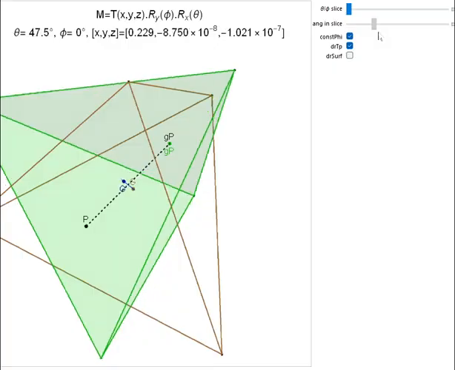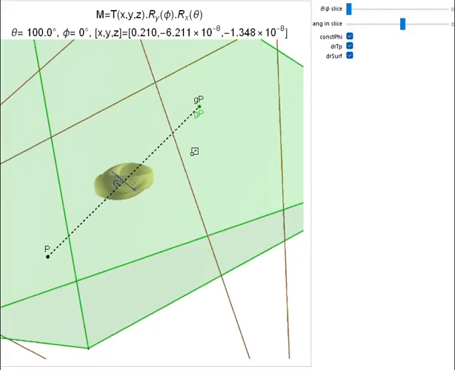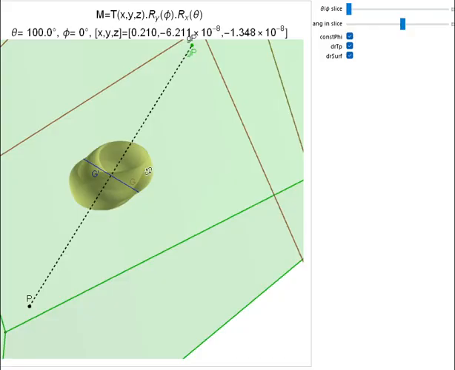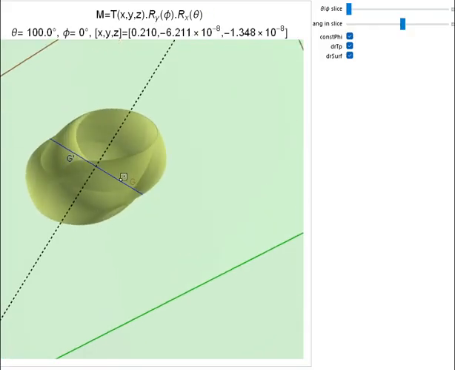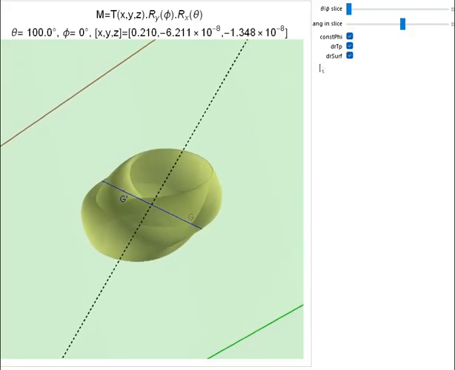Of course, I can vary both at the same time, and I'm going to fall at a point on this surface. If I'm allowed to choose a particular theta and phi, I'll fall anywhere on this two-dimensional surface here.